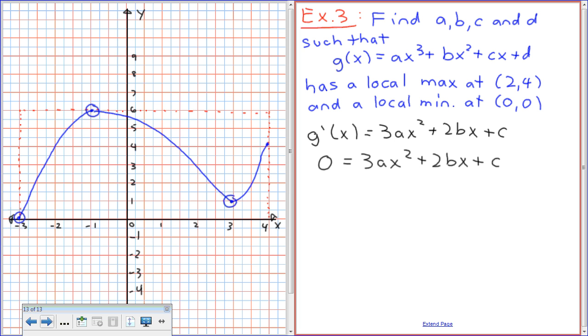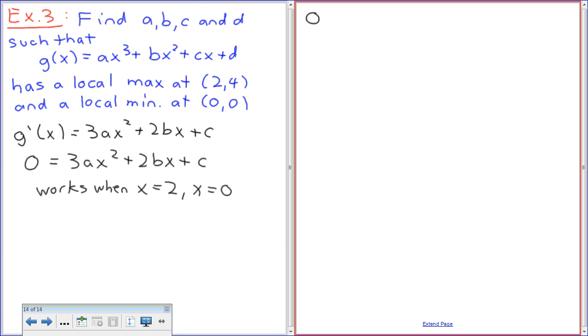So let's do x equals 2, 1 first. So I'm going to do 0 equals 3a times 2 squared plus 2b times 2 plus c. 0 equals 12a plus 4b plus c.